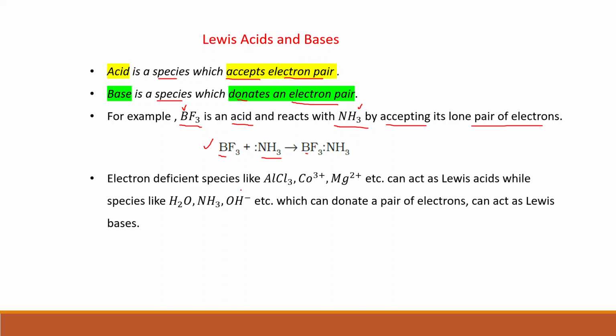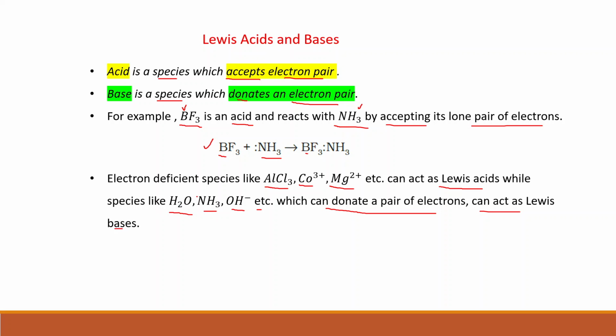Electron deficient species like AlCl3, Co3 plus, Mg2 plus, etc. can act as Lewis acids, while species like H2O, NH3, OH minus, etc., which can donate a pair of electrons, can act as Lewis bases.